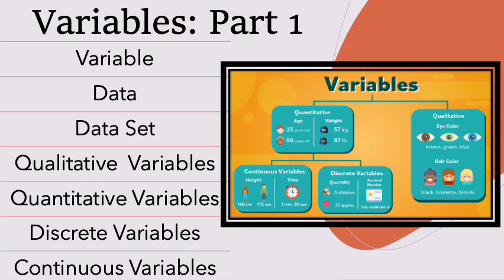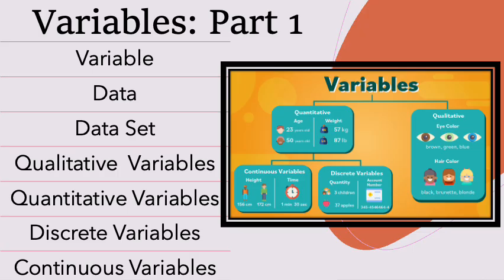Numerical variables can be either discrete or continuous. Discrete variables have values that are countable, but do not include fractions. In contrast, continuous variables have every possible value on a continuum.